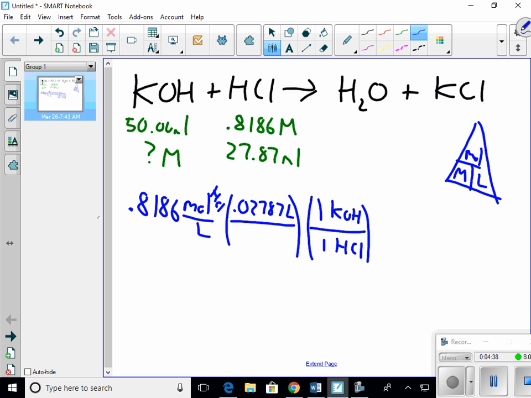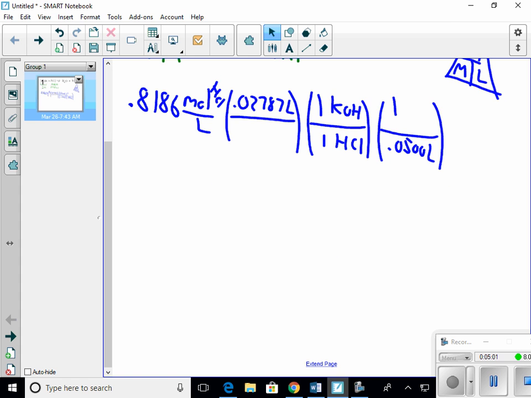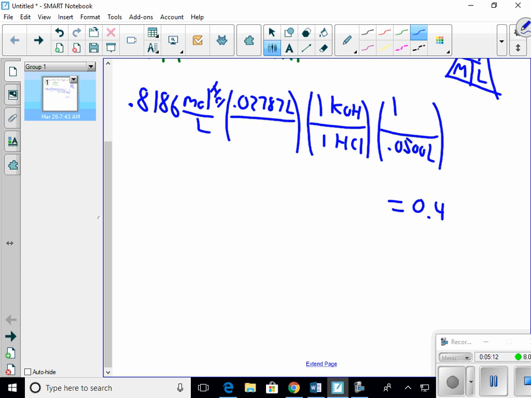If I'm now in moles of KOH, to get to molarity, I have to divide by my liters of KOH. And if I do all of this, I would get this to equal 0.4563 molar KOH.